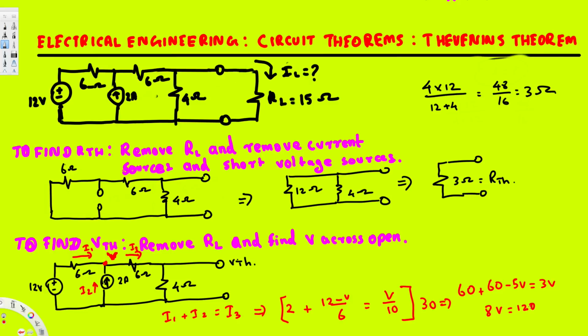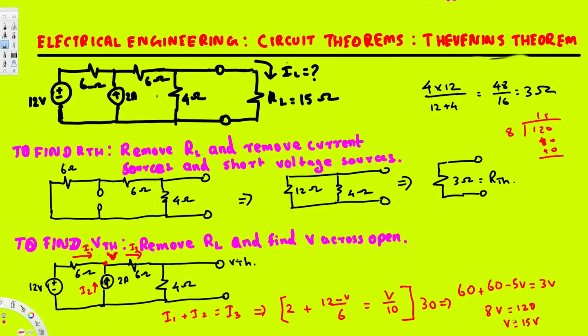So V equals 120 over 8, which is 15. V is going to be 15 volts.